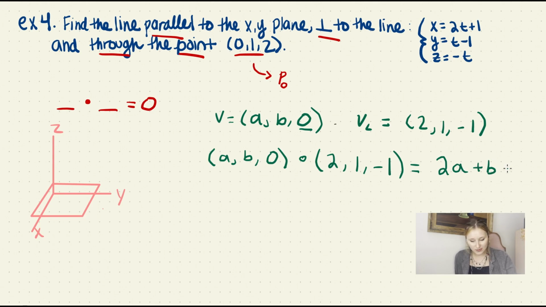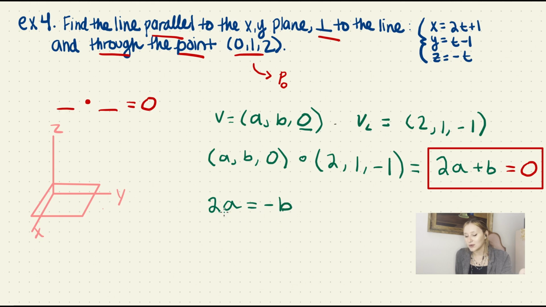We're going to do some algebra here. 2A equals minus B. I'm just going to choose A to be equal to 1. We have to make sure that 2A equals minus B is true in order for the line to be perpendicular, okay?